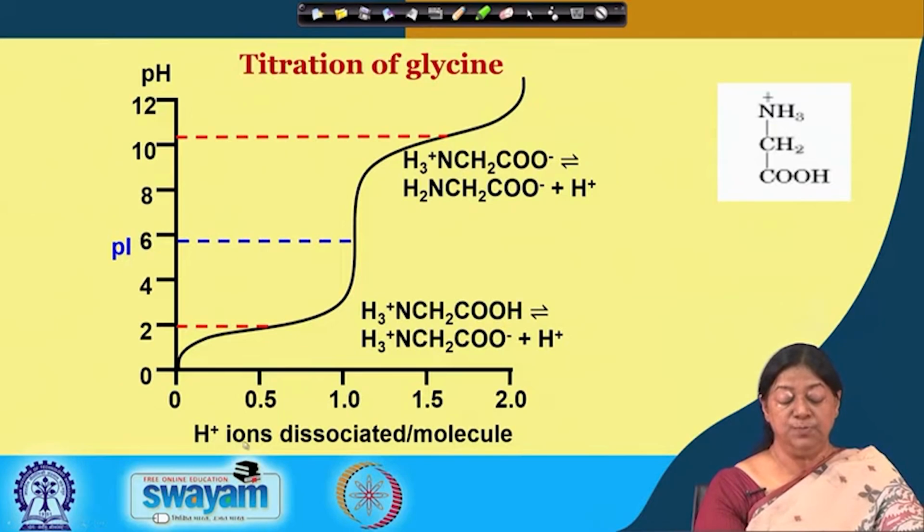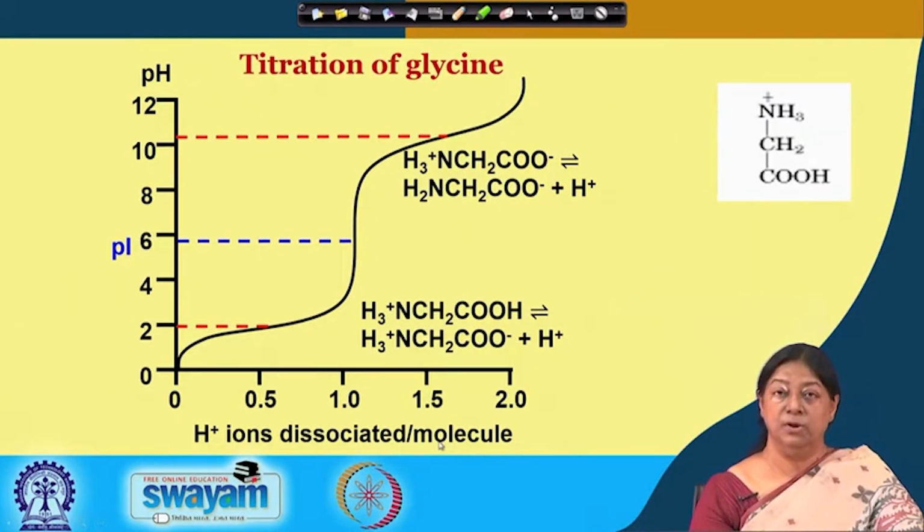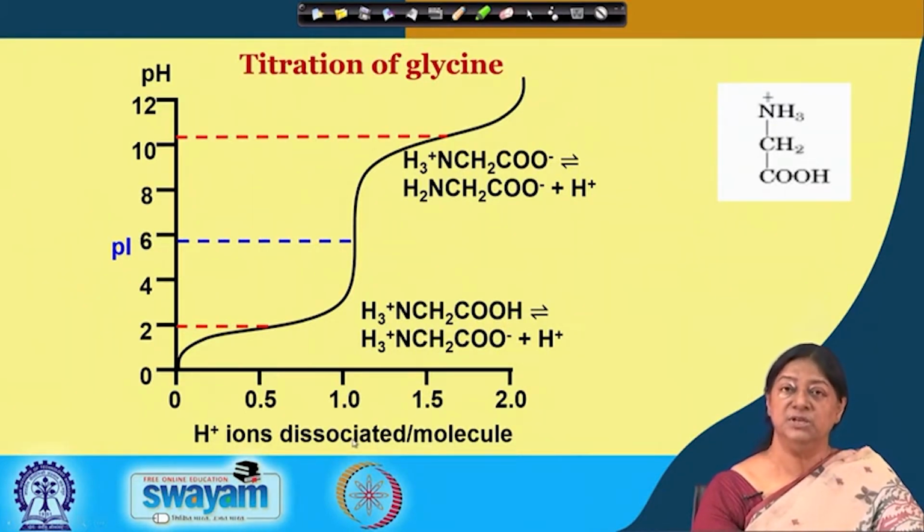When the H plus ions dissociate per molecule, why are they being dissociated? Because we are adding alkali. As the first drop of alkali is added, this is where the H plus is removed to form COO minus plus H plus. So, this corresponds to our K1.